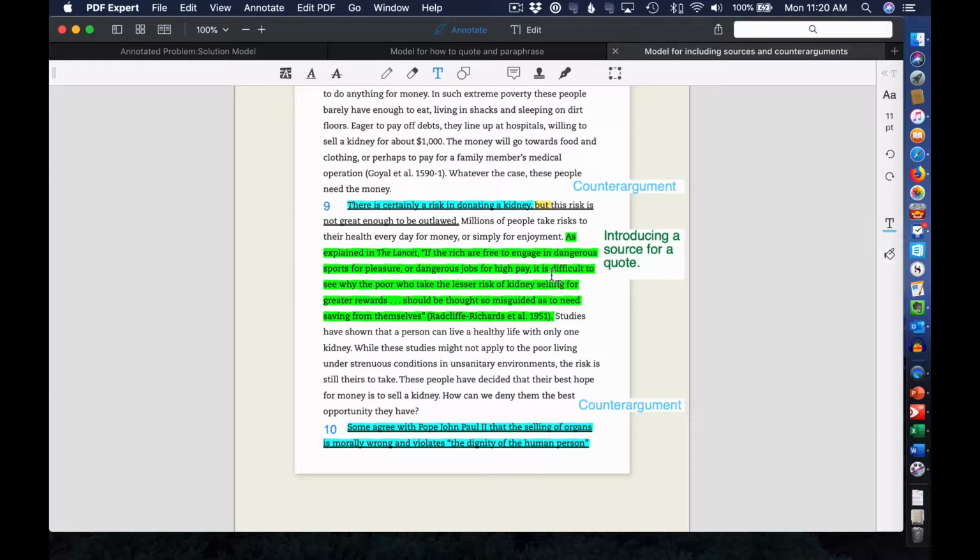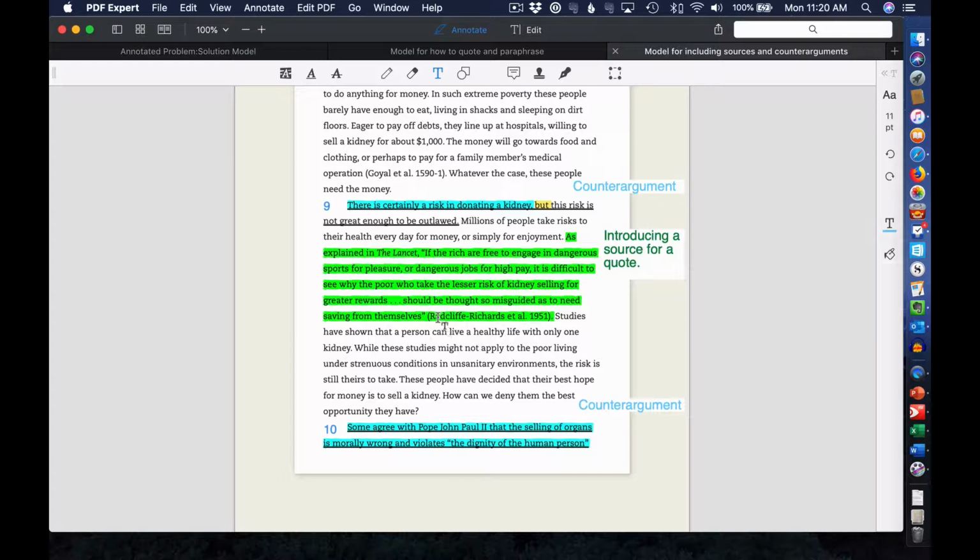In one instance, she did include at least the publication. She said, as explained in the Lancet, instead of saying Radcliffe or Richards said. We don't know who Radcliffe or Richards is, but maybe we know the Lancet is a medical journal, or maybe her audience knows that that's a well-respected medical journal, and that's why she included the publication up front instead of the author's name.